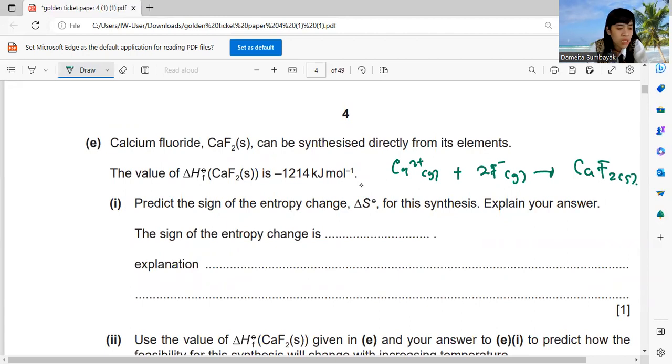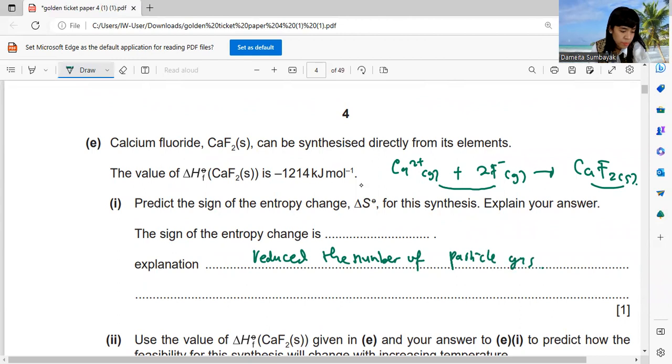Since the number of gas particles in the product is less than in the reactant, the sign of entropy change is negative, because the number of gas particles is reduced, giving less entropy.